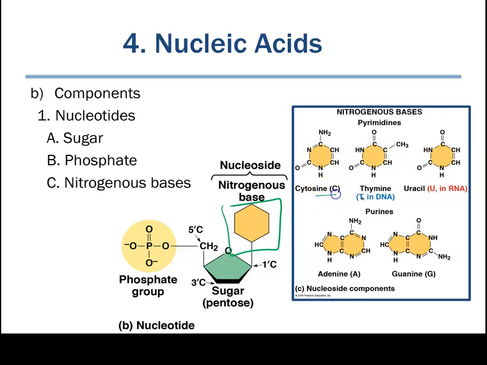So cytosine, thymine, uracil, these are all single nitrogen carbon rings. Adenine and guanine are double rings. They're called nitrogenous bases because they are rings made up of nitrogen.